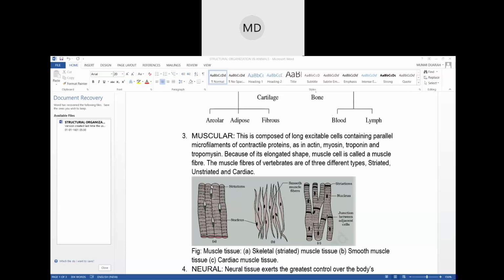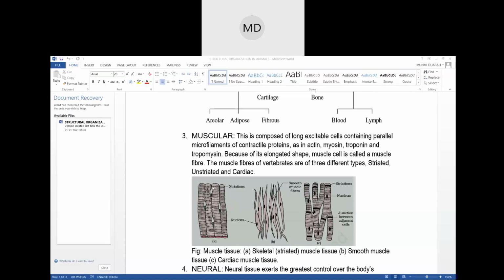Striations means... Do you know striations? It is hard for me to explain. Have you heard of striations? Don't think of any scientific term, just normal English. Do you know groove?